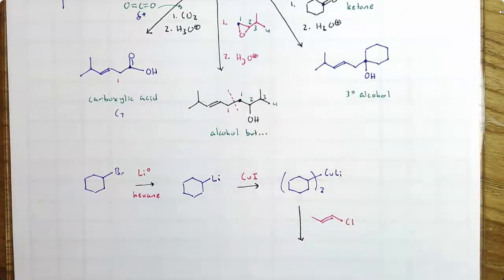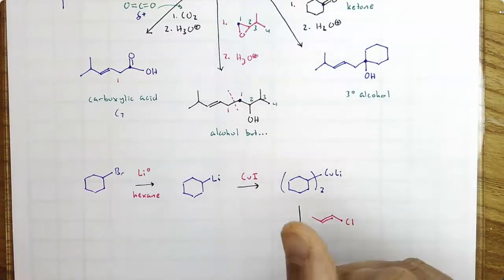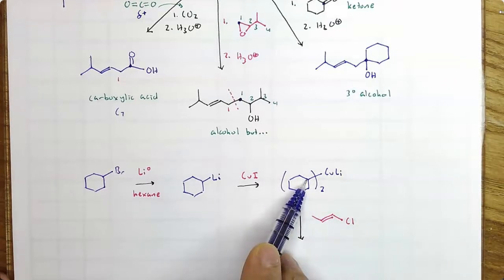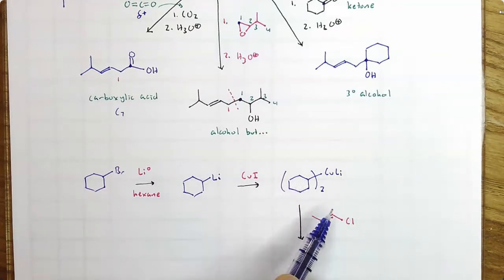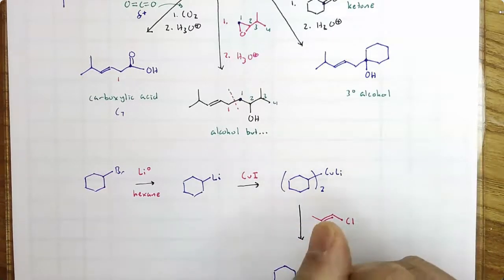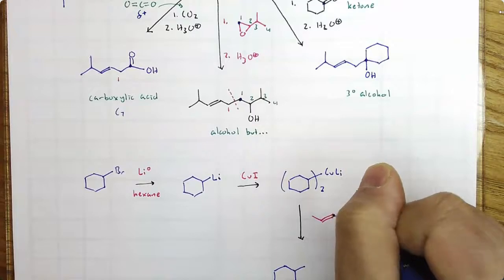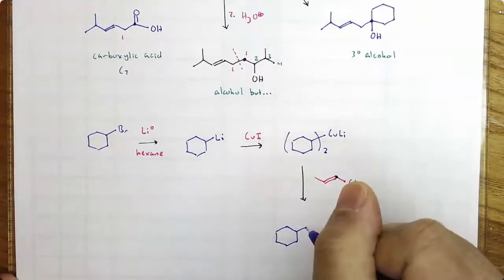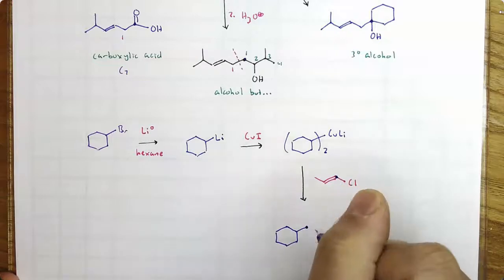You could use bromide as well. The trick is that carbon, partial negative, will attack this carbon, partial positive. And you're only adding the Gilman group just once. So this is the dot. That's the carbon that's attacked. And then we have this.